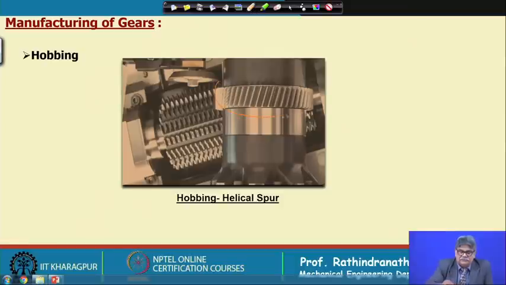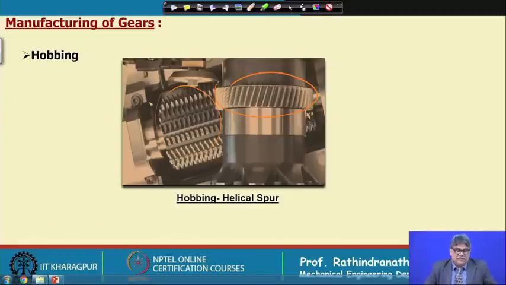This cutter is like a thread sort of thing, with a cut here to relieve the material. The hob cutter is set at an angle that is calculated from the angle of the helix and the lead angle of the hob cutter.